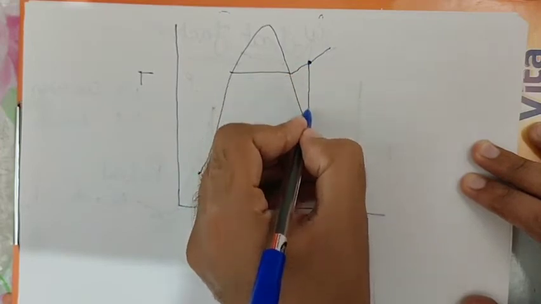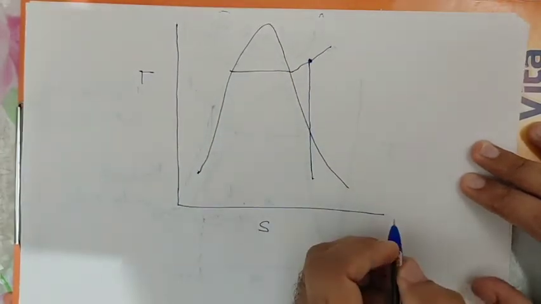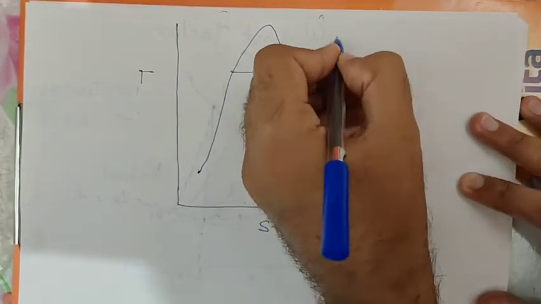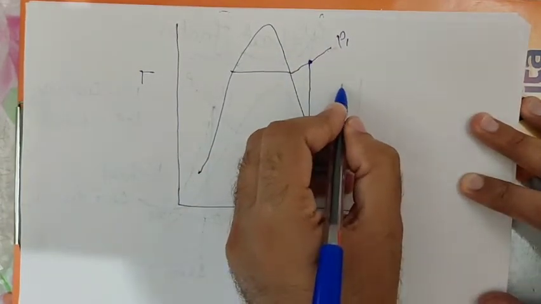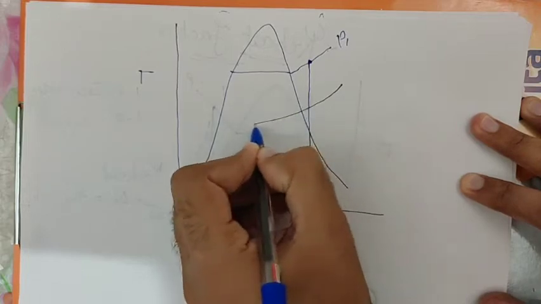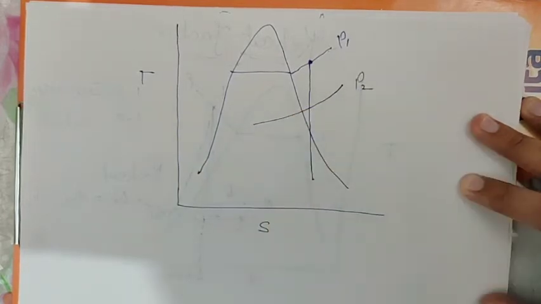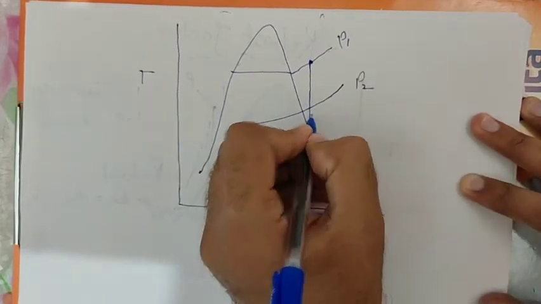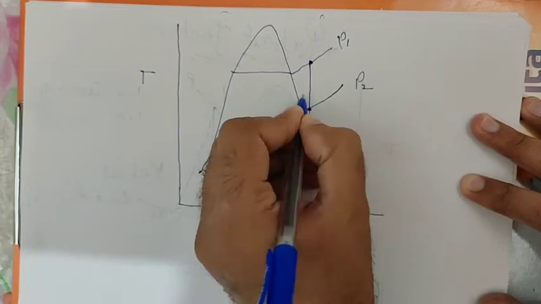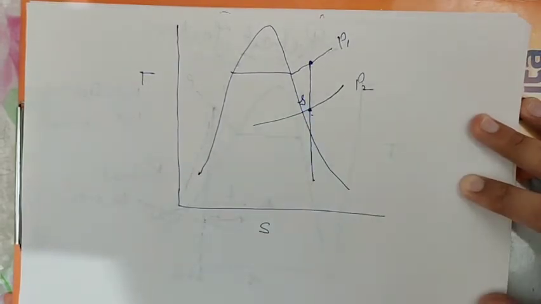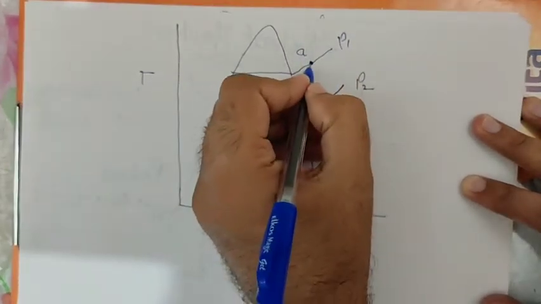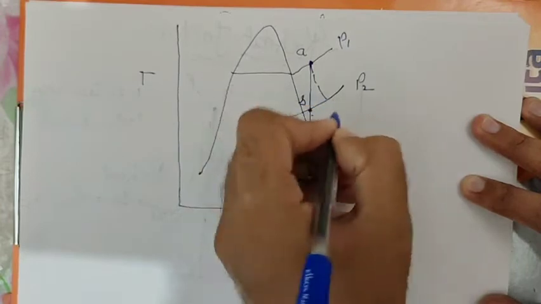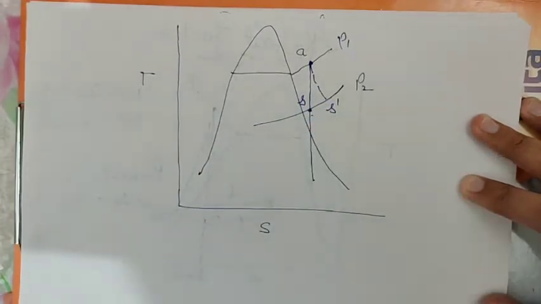If this is expansion in the turbine, if this is P1, let us consider it is expanded to P2. Let this point be S, the ideal condition, and let it be A. In the actual condition, it will be like this: S dash.